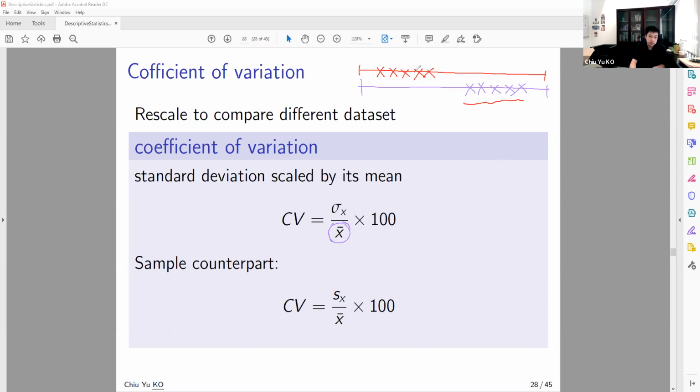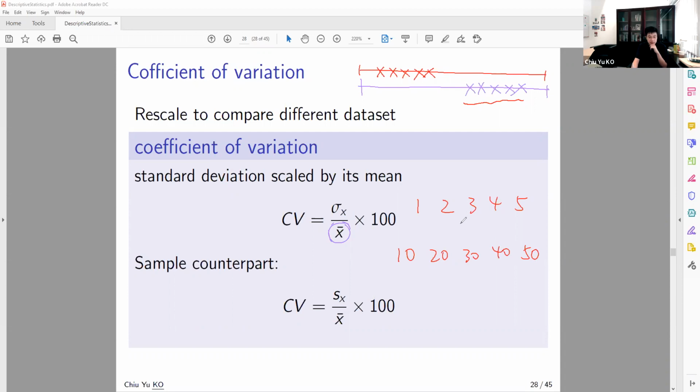Maybe I put numbers: you have 1, 2, 3, 4, 5, and the other data is 10, 20, 30, 40, 50.